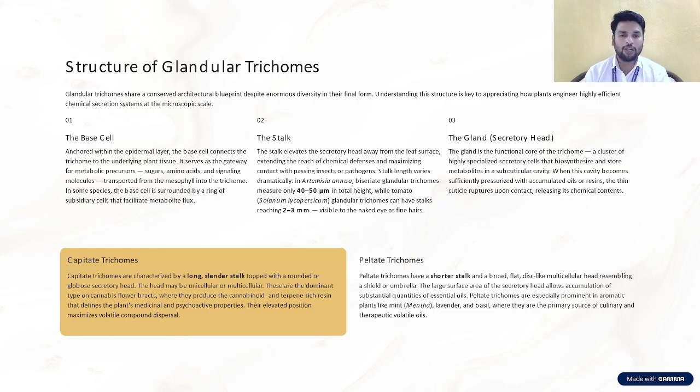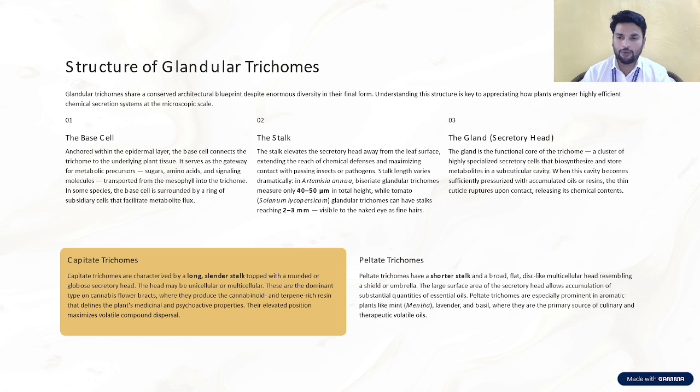There is another structure that is known as a peltate trichome. Peltate trichomes have a shorter stalk and a broad, flat, disc-like multicellular head resembling a shield or umbrella. Their large surface area and secretory heads allow the accumulation of substantial quantities of essential oil. Peltate trichomes are present in mentha, lavender, and many plants. Okay.